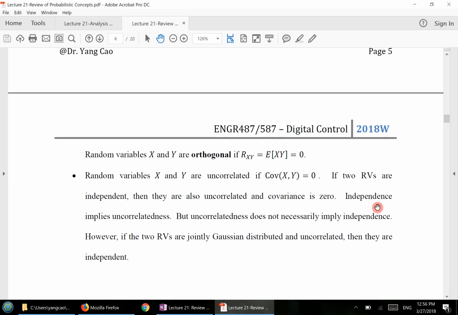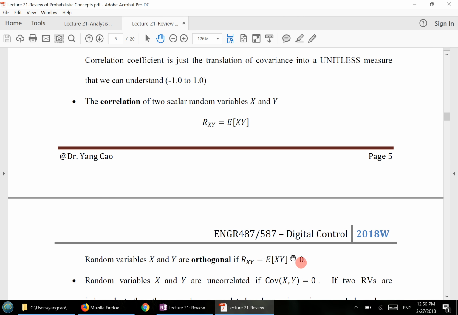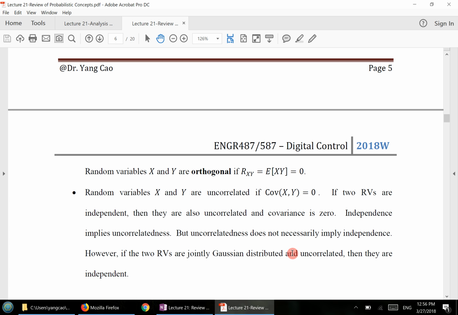So independency implies uncorrelatedness, but uncorrelatedness does not necessarily imply independency. So basically, if they're independent, this term is 0. But if this term is 0, it doesn't necessarily mean the two random variables are independent. That's basically what this means here.